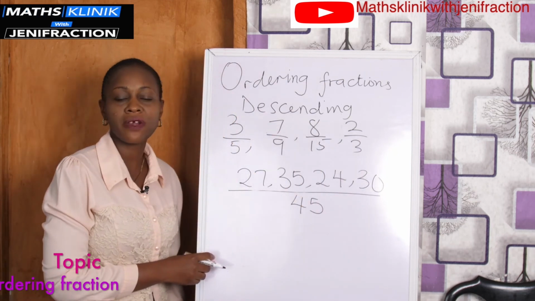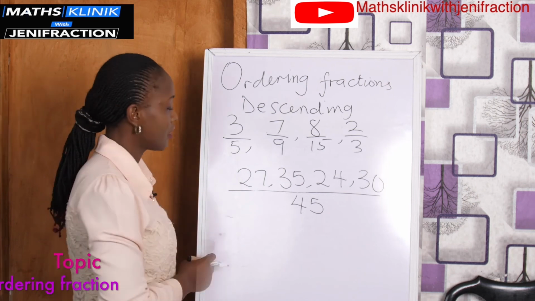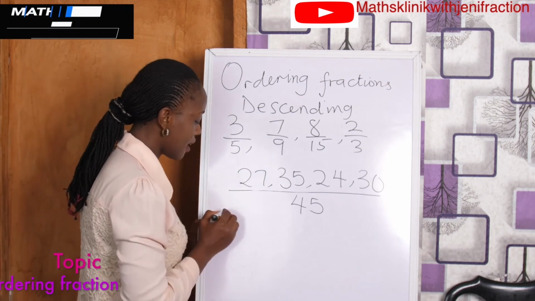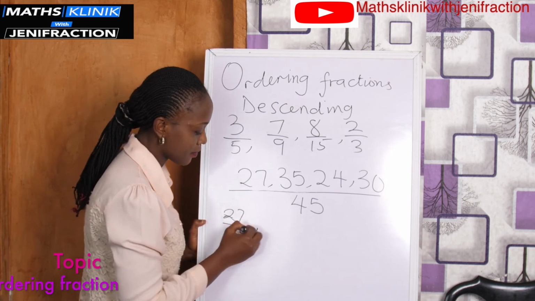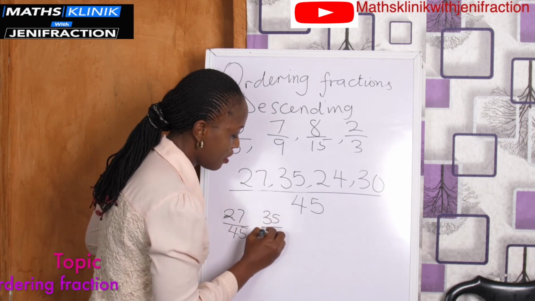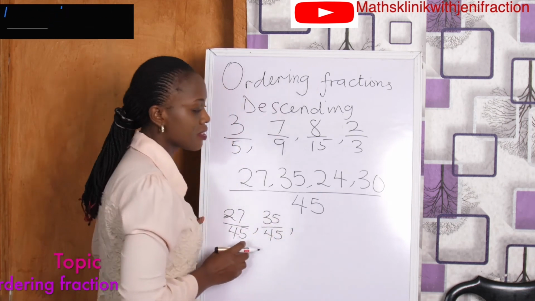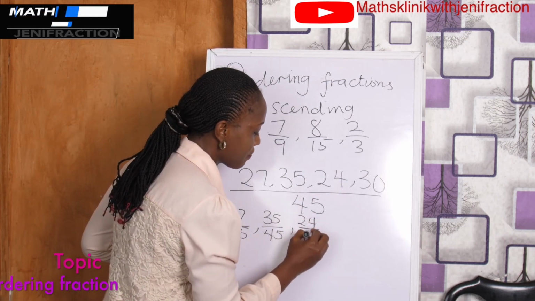Now I have to express all of them in the same denominator. Let's start. 27 over 45. The next, 35 over 45. The next, 24 over 45.